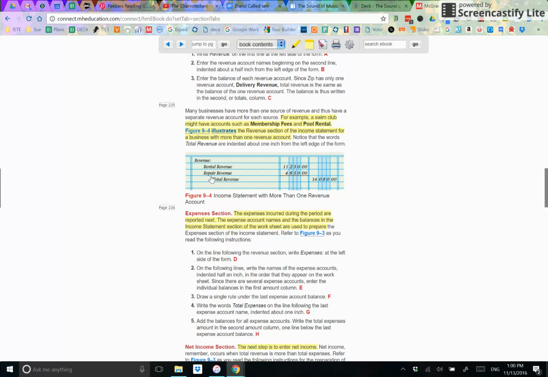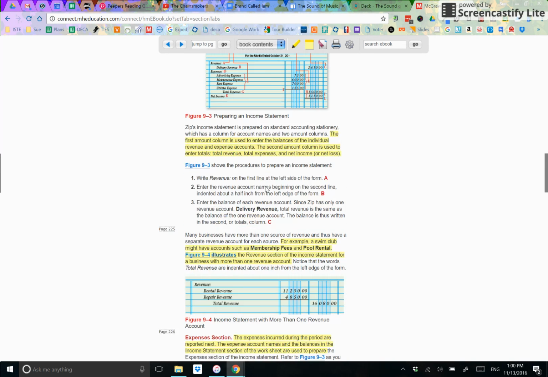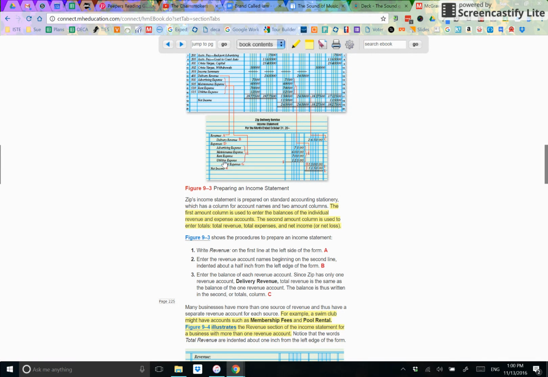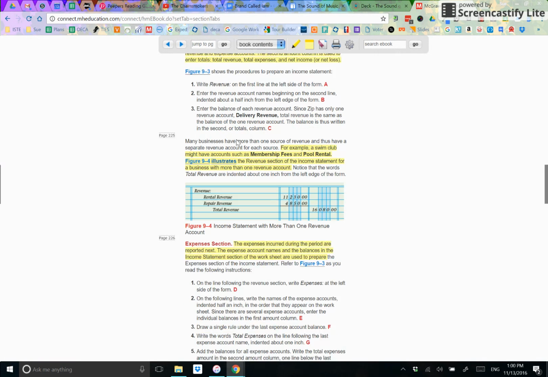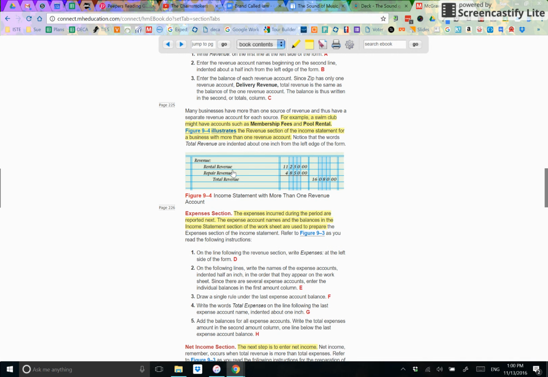They're then going to indent and write total revenue and add those two up. So just like you see here for expenses and total expenses, you could have the same for revenue. We don't do that here. We don't say delivery revenue and then total revenue because it's the same thing. They're only one account. But when you have multiples like this, you would have a total revenue line.